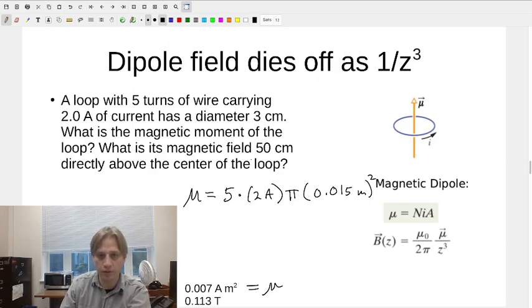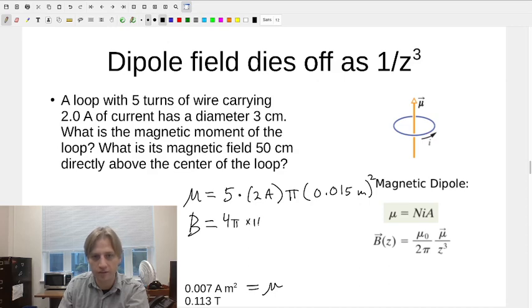Then the question is, what is the magnetic field 50 centimeters directly above the center of the loop? So keep in mind, you need to have Z be much larger than the dimensions of the loop, and then you can use this model. 50 is quite a bit bigger than 3, so this will probably be fine. In this case, what we would do, we would use our 4 pi times 10 to the minus 7th Teslas meters over amps, and then we're going to use our mu, and that's just going to be my 0.007 amps times meters squared.